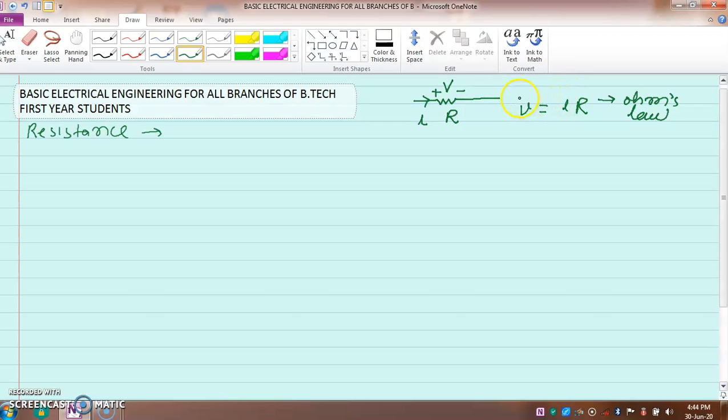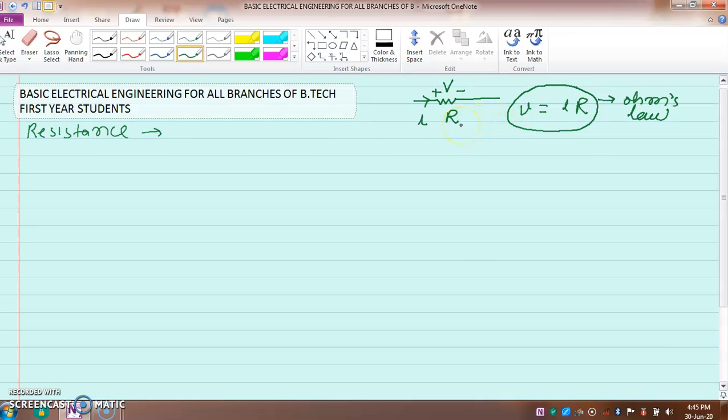In the whole of electrical engineering, everyone knows this relation V equal to IR. I will explain the whole concept based on this Ohm's law. Everywhere I will use this law V equal to IR in all the places of the electrical circuit, which we are going to discuss later on.